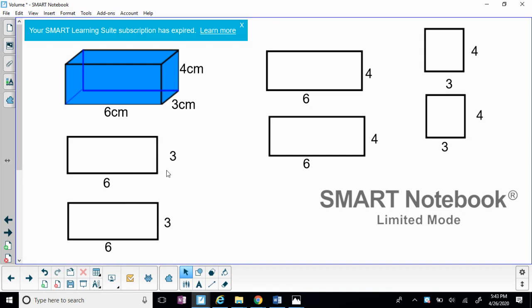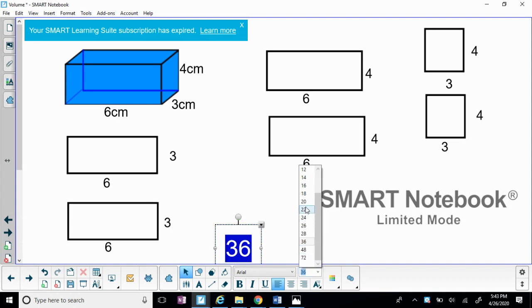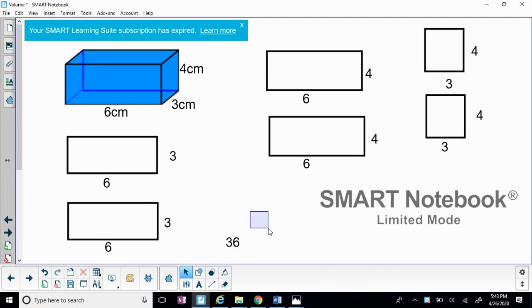So if the answer to this face is 6 times 3, which is 18, then the answer to this face is going to be 6 times 3, which is 18. So it's going to be 36.